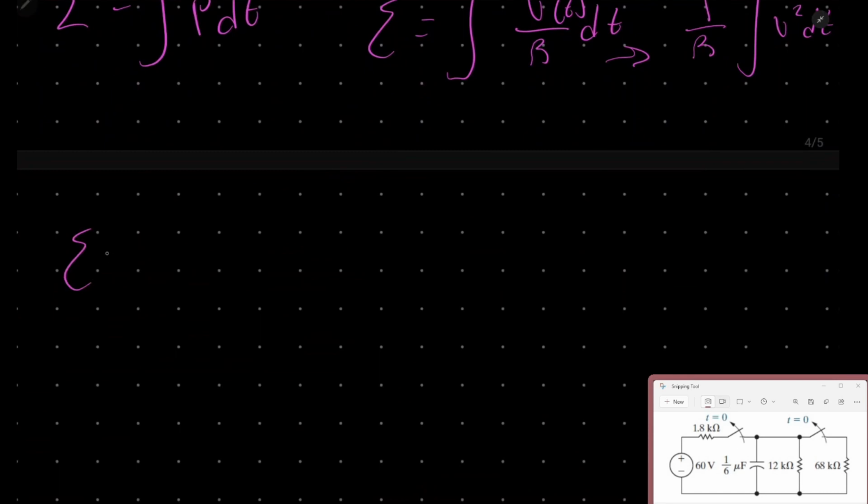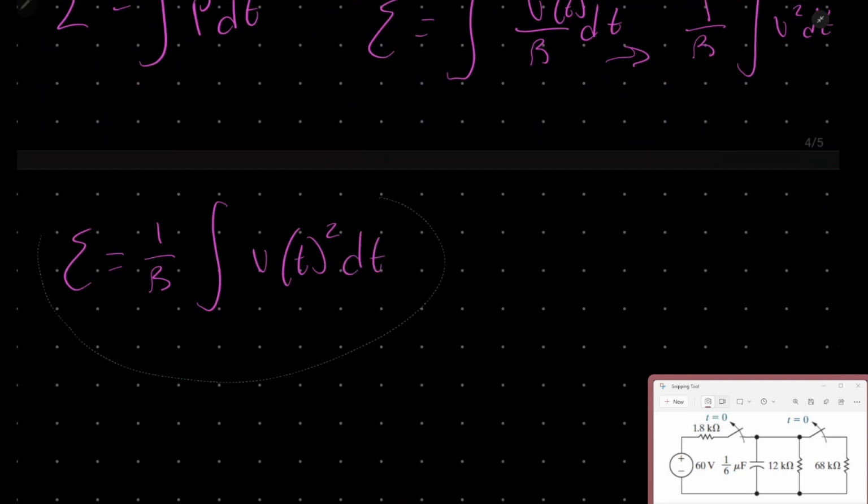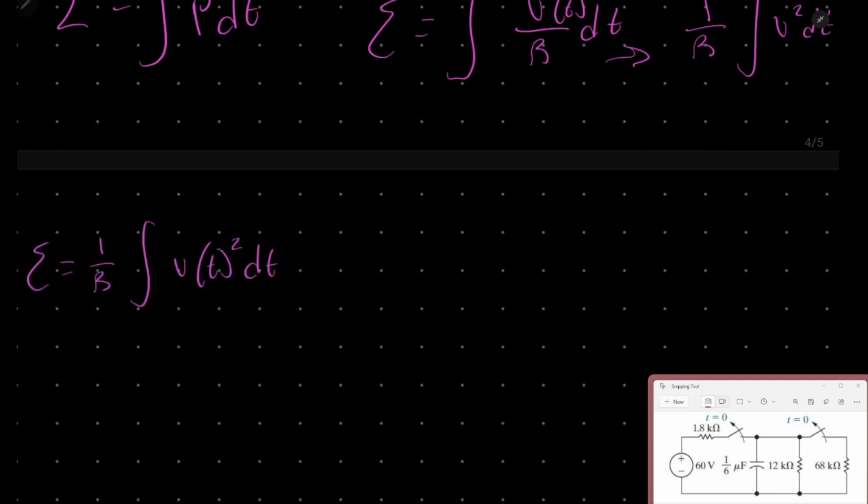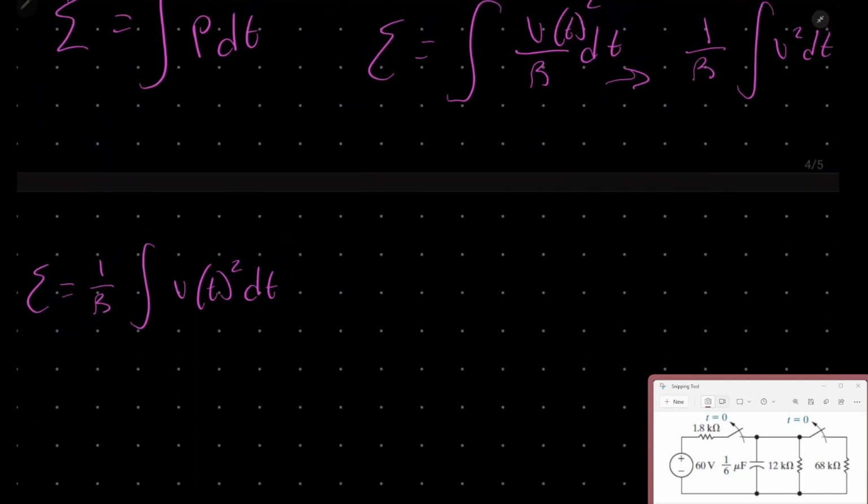E equal to 1 over R times the integral of V of t squared dt. Let me just shrink that really quick. Okay, so now we'll start plugging stuff in.